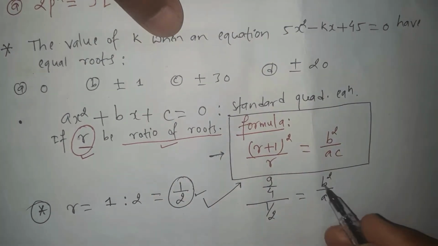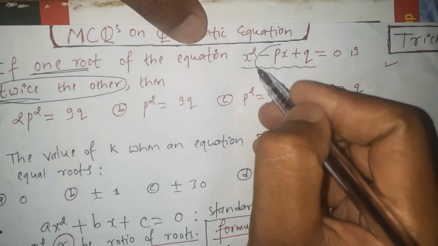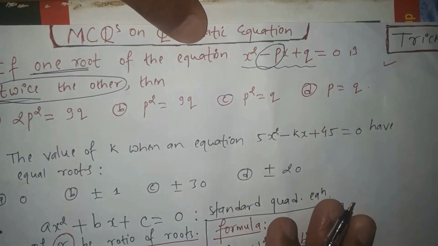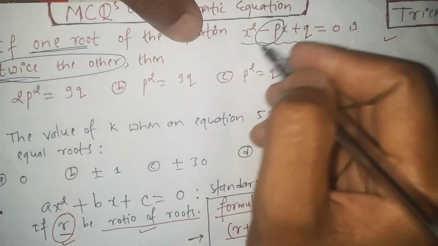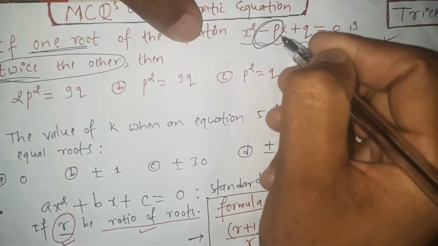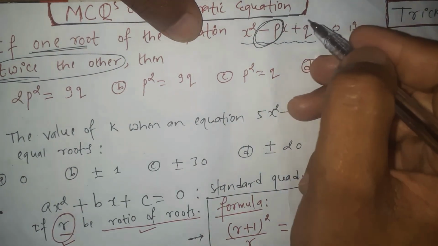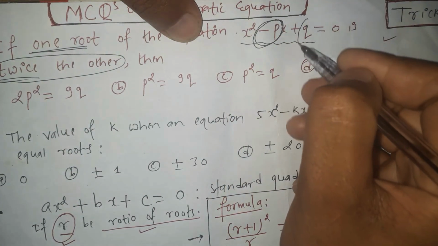After comparing this equation with the general equation, in place of b here is negative p, in place of a is 1, and in place of c is q.